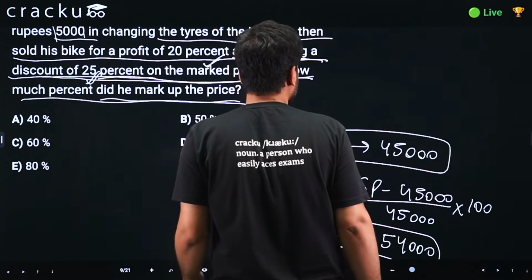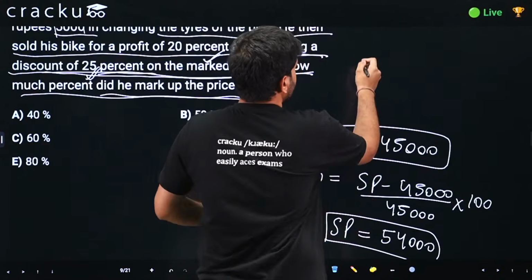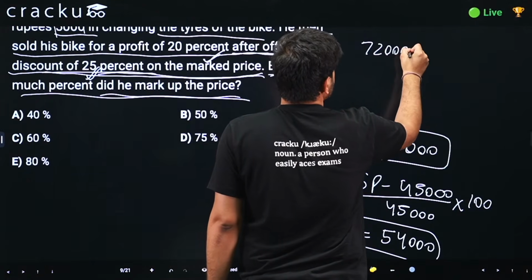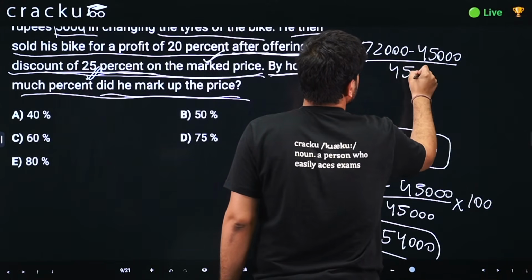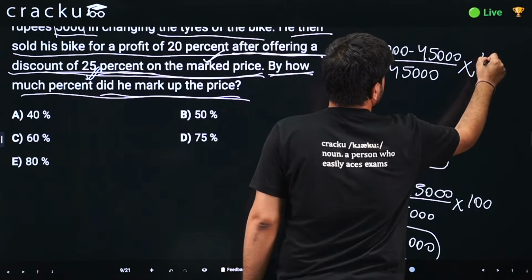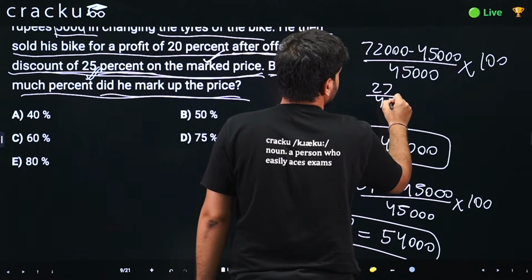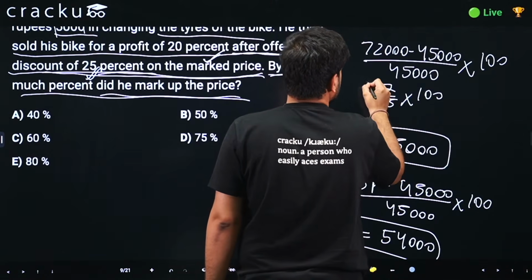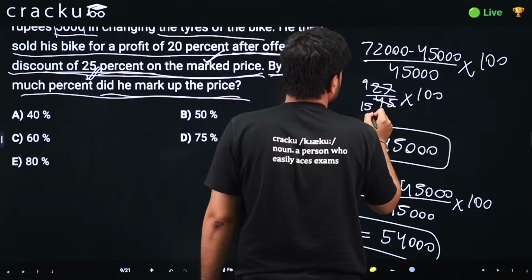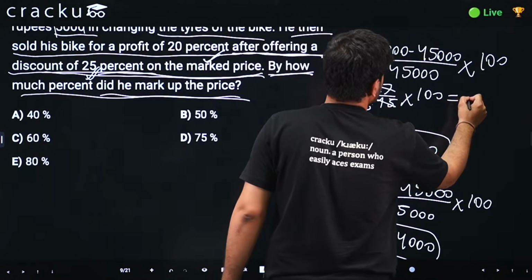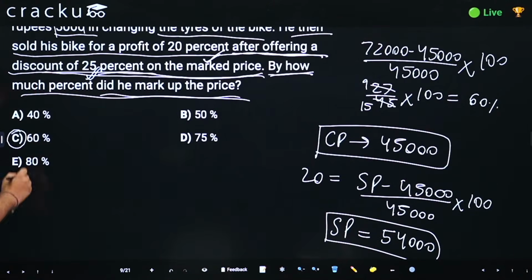So the markup percentage would be marked price, which is 72,000, minus 45,000 cost price, upon 45,000 into 100. So this would come out as 27 by 45 into 100. This would be 60%. So the answer would be option C here.